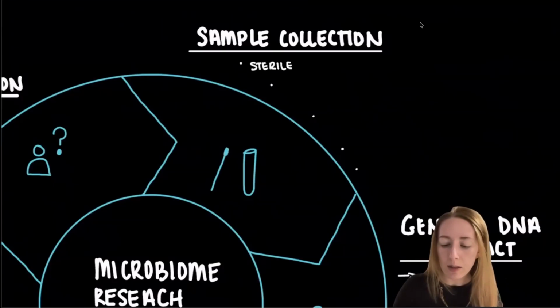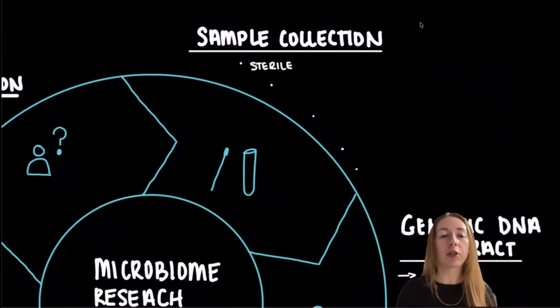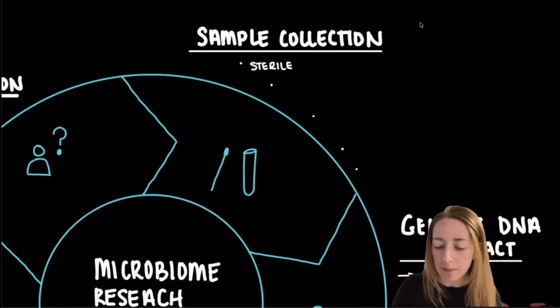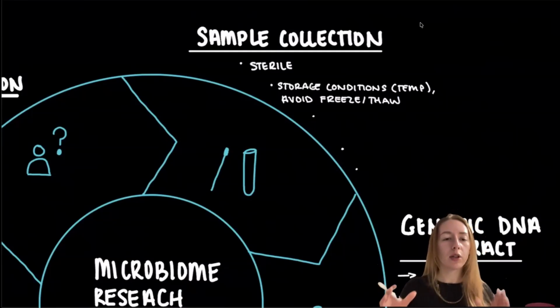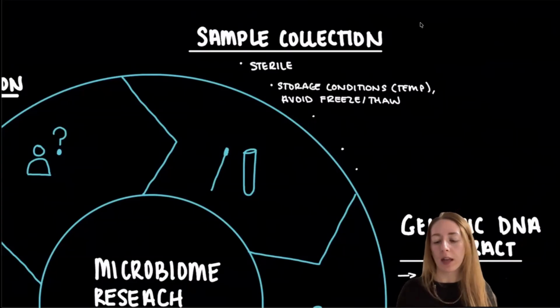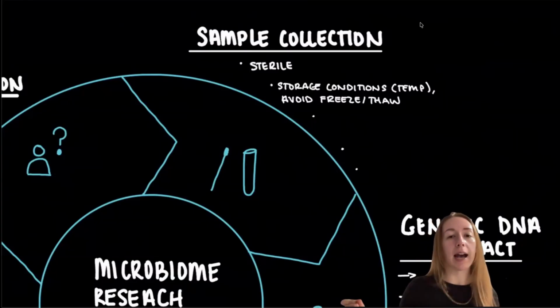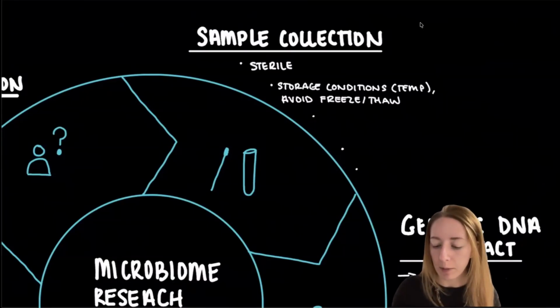And so one thing we want to keep in mind is to make sure that everything is sterile as we're collecting it, because we don't want to introduce microbes in our sample that weren't there originally, right? So that's really important. And then we want to store immediately into -80°C freezers and avoid taking them in and out of the freezer, because that will degrade DNA faster than the microbes.